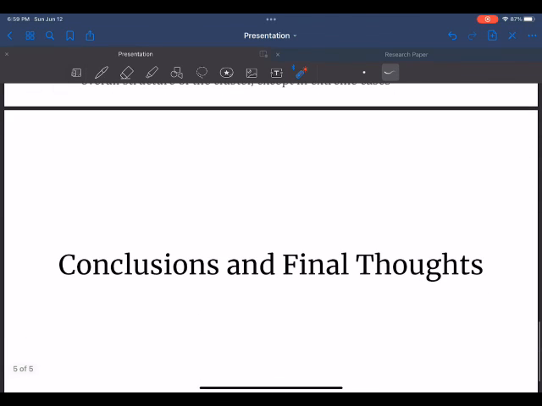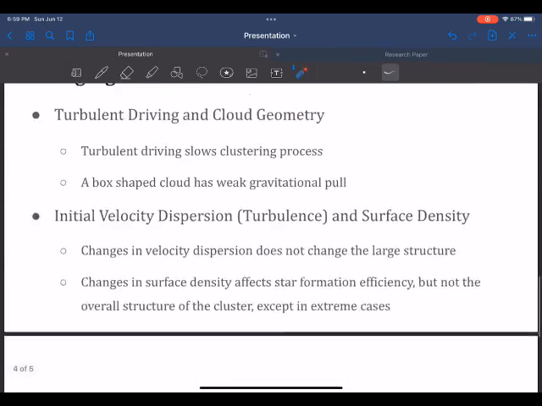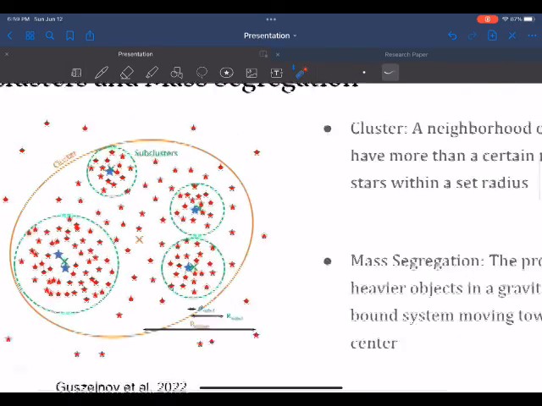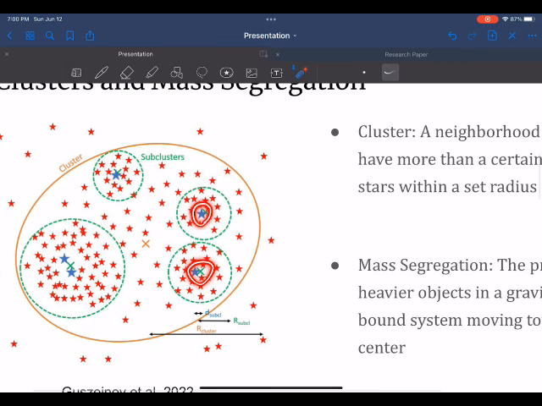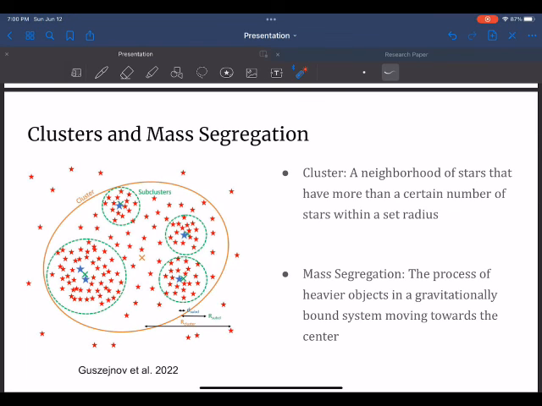So, what do we know from all of this? Well, first of all, for the first simulation, the clusters form in several sites within the giant molecular cloud, each with very strict mass segregation. So as you can see from right here, each individual subcluster is very strictly mass segregated, which means that the heavier stars in blue are at the center.